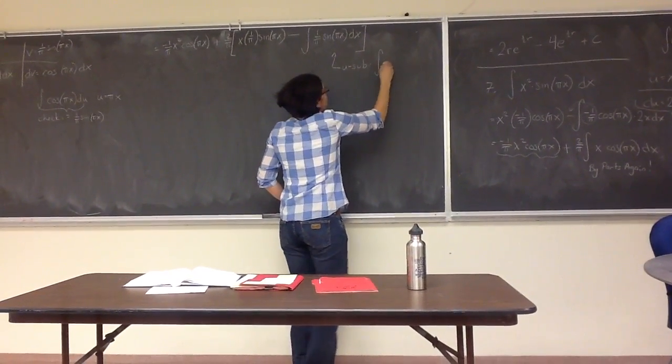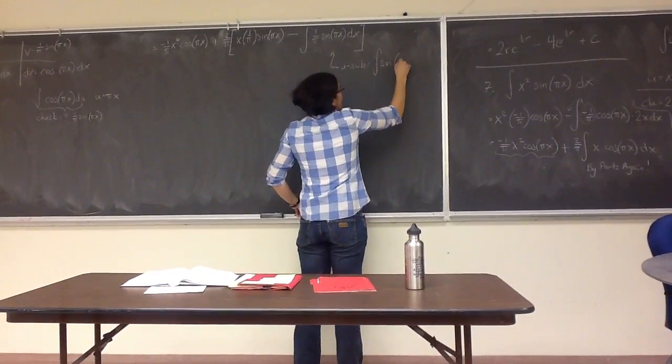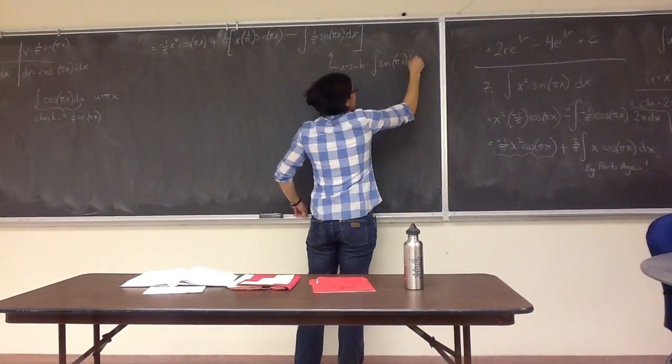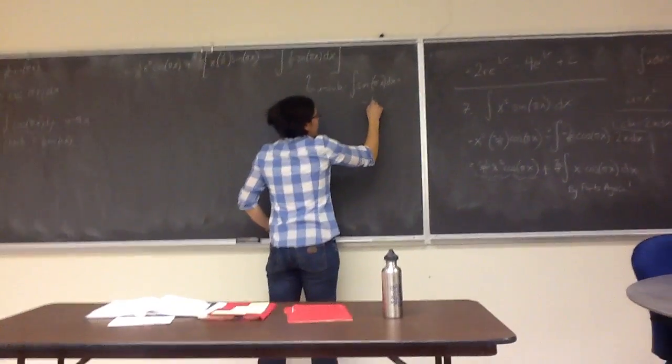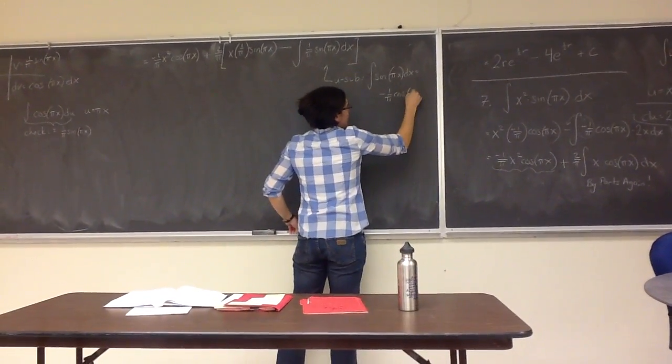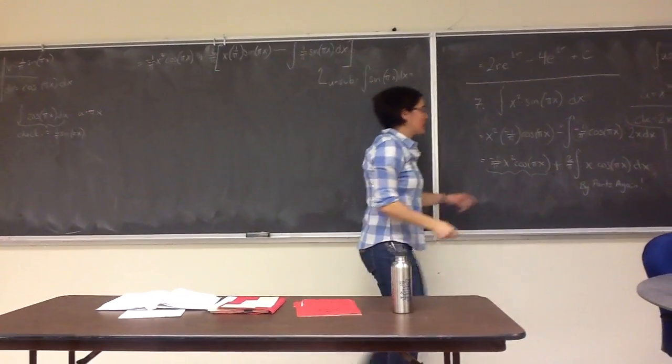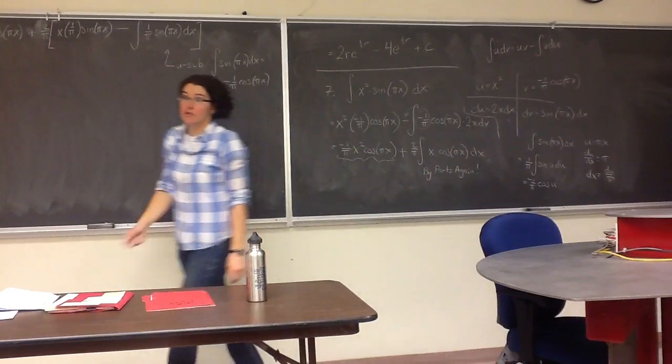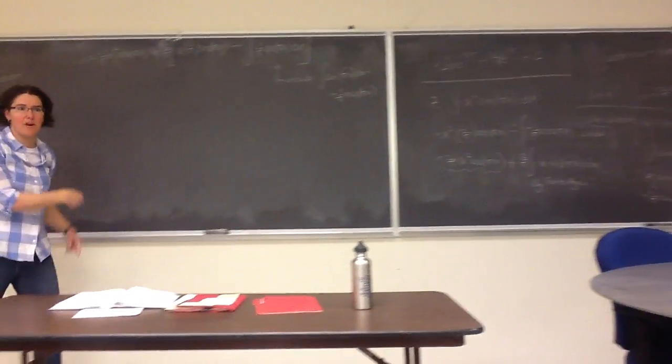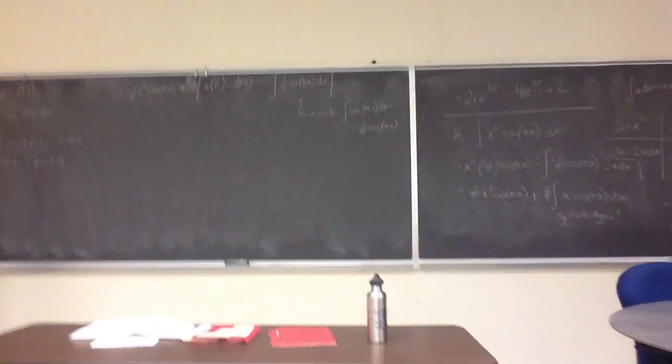And you should check that the integral of sine of pi x dx is equal to negative 1 over pi cosine of pi x. And in fact, we actually already did that over here. Okay, and it shows up again. So the nice thing about integration by parts is you get to reuse pieces that you've already done.